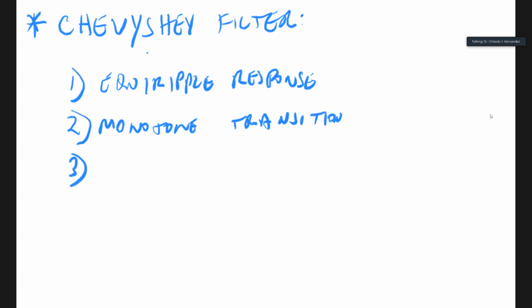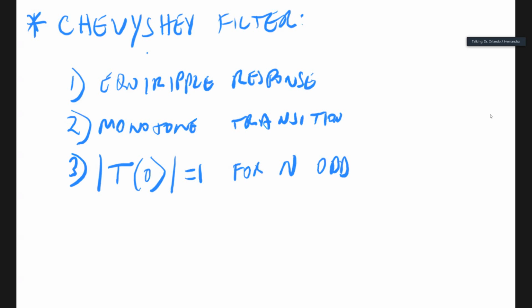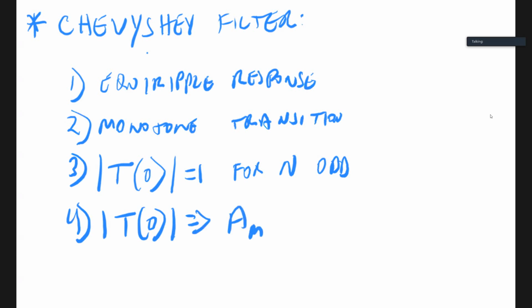three, we have that the magnitude of the response at DC is equal to 1 if the order is odd, and would be related to A max for n even.